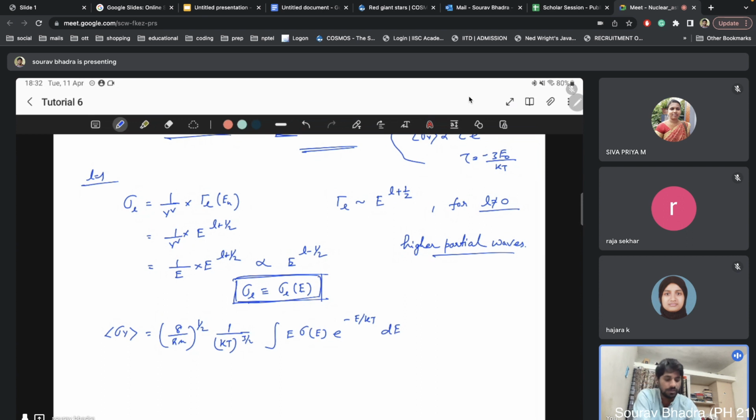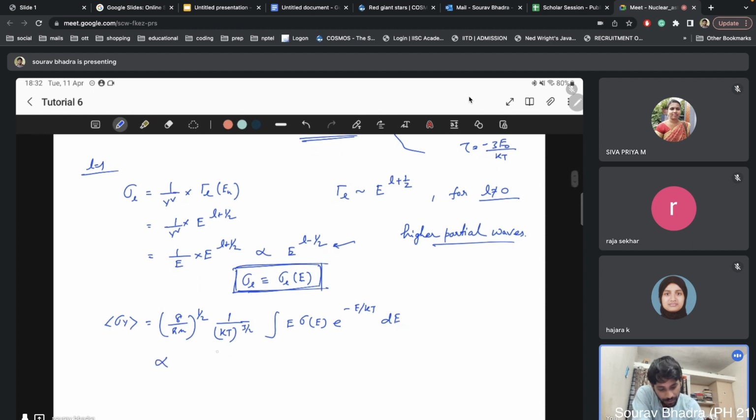Can you remember this equation? It was the same mother equation, and we use sigma depending on which type of reaction we are considering. For non-resonant it was the S factor. For resonant it was a function of resonance energy, and for this neutron induced reaction sigma is proportional to E to the power L minus half. I am writing the proportionality sign, with that E already there and E to the power L minus half.